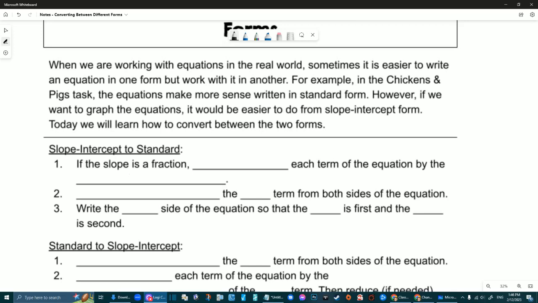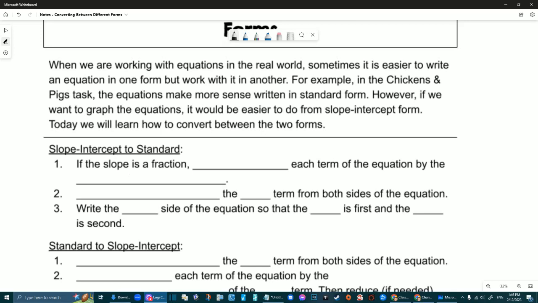Many of you discovered when you wanted to go graph them, it's difficult to do in standard form, easy to do in slope-intercept. And the question is, how do we get from one form to the other? Sometimes we want to go the other direction. We're given a system of equations where one is in standard, one is slope-intercept, and we want to use elimination method to solve.